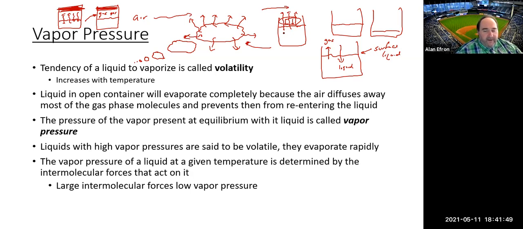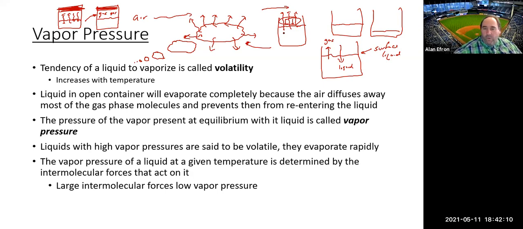So liquids with very high vapor pressures are said to be volatile. They evaporate really quickly. And the vapor pressure of a liquid at a given temperature is determined by the intermolecular forces. The stronger the intermolecular force, the lower the vapor pressure.